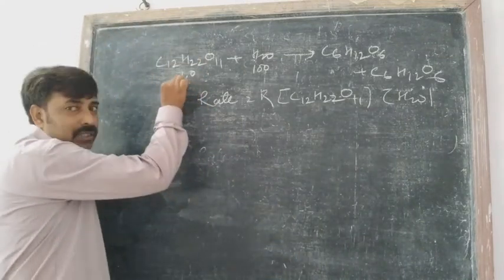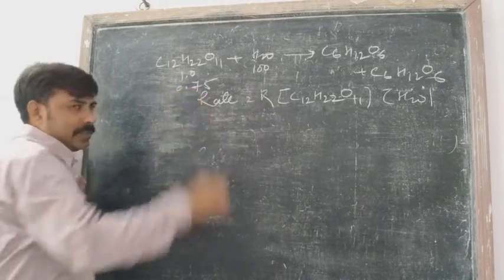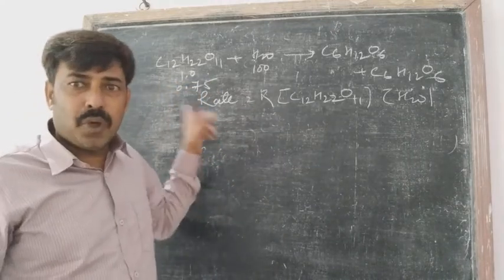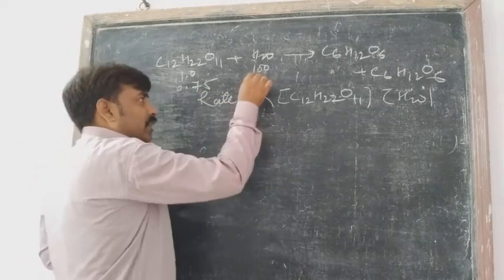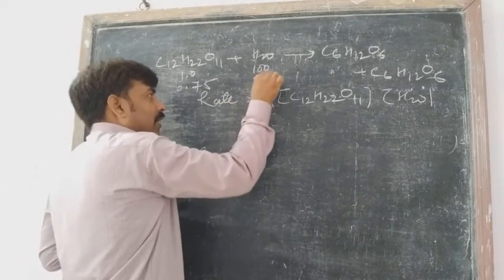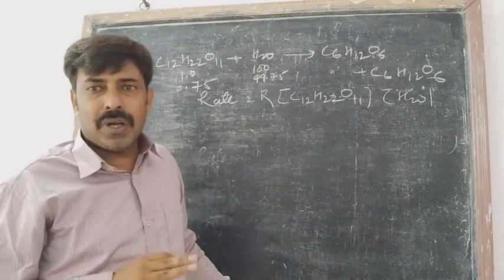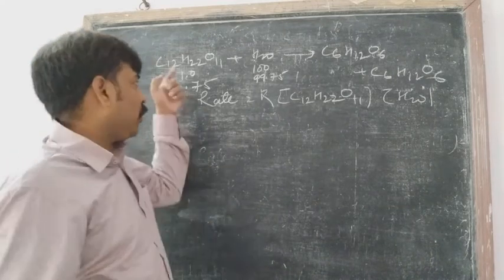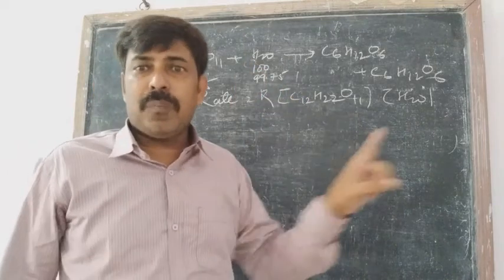If 25% is consumed, then 0.75 moles remain, that is 75%. But with respect to water, you will find it is 99.75. This is the number of moles. So the first one is consumed by 25%, whereas water is consumed by just 0.25%.